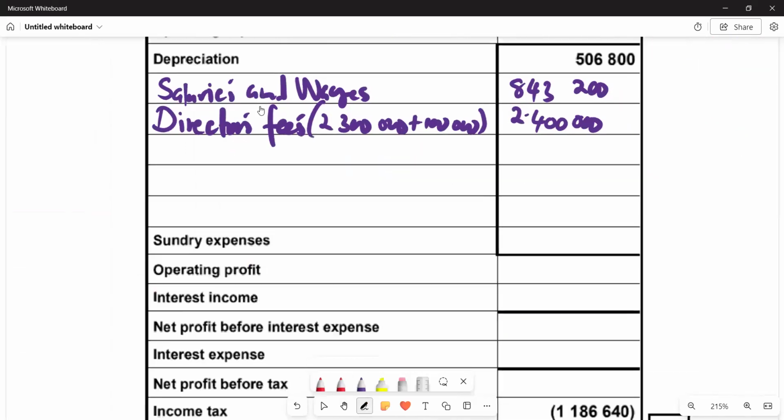We are saying audit fees, the same 102,000. And then we add the 34,000. The final answer that we are supposed to get is 136,000.